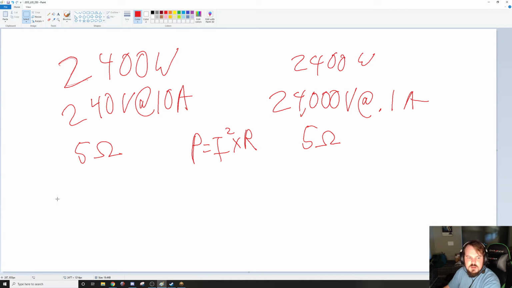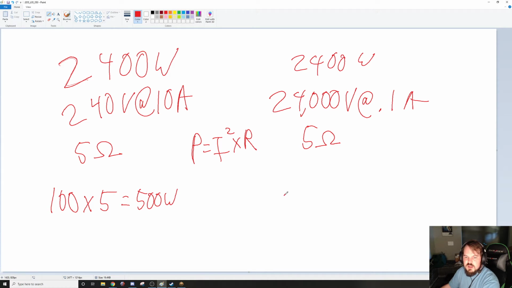So, 10 squared is 100 times 5. So we're going to lose 500 watts of power if we just sent 240 volts where we wanted it.